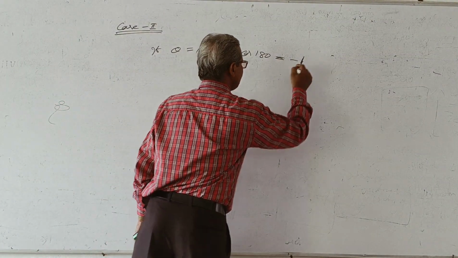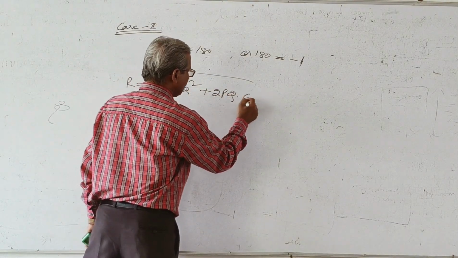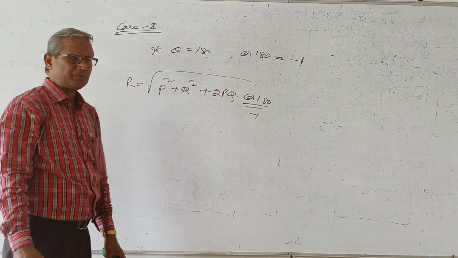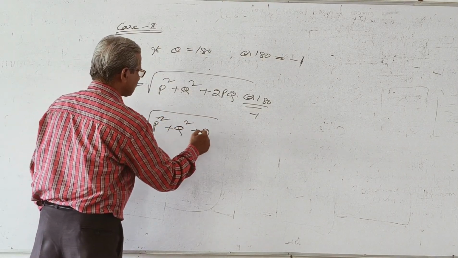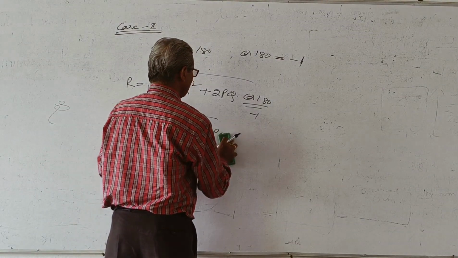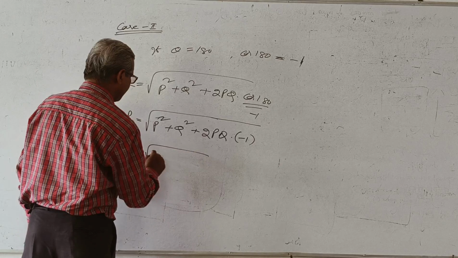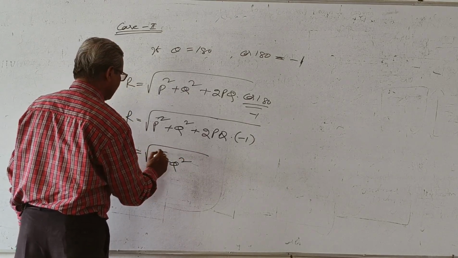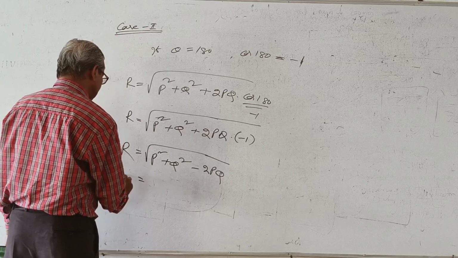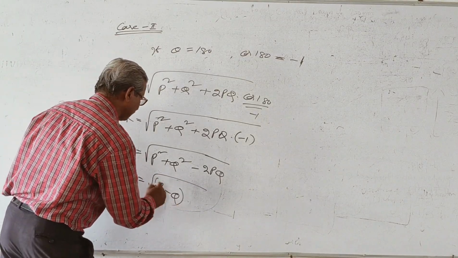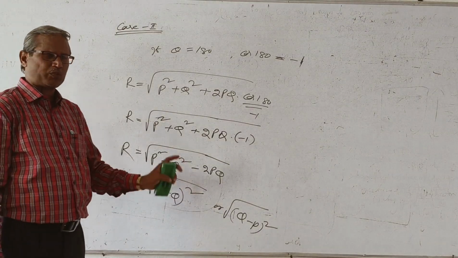R is equal to root over P square plus Q square plus 2PQ into cos 180, which is minus 1. So R is equal to root over P square plus Q square minus 2PQ, which is root over P minus Q whole square.